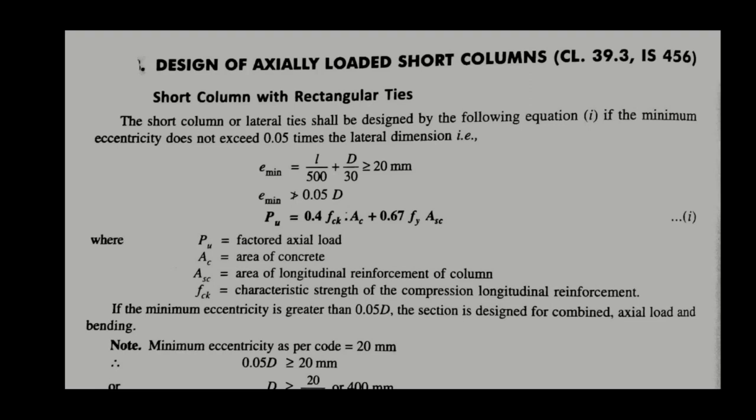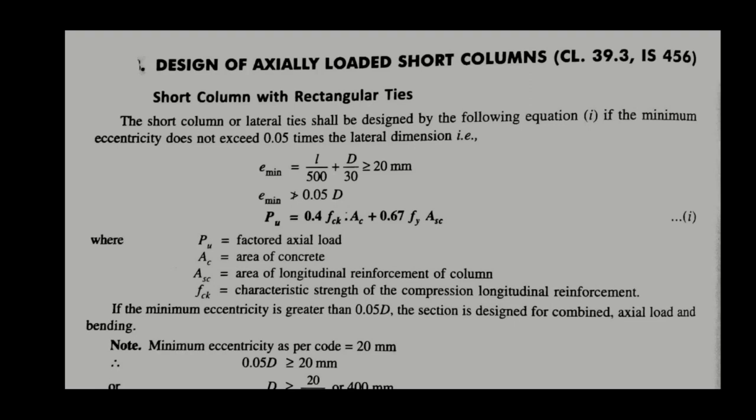That is e min, that means minimum eccentricity, equals L by 500 plus D by 30 greater or equal to 20 mm. So e min is not greater than 0.05 D. As per clause number 25.4, this formulation is written here.